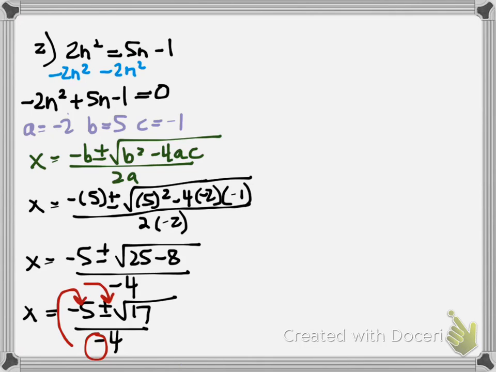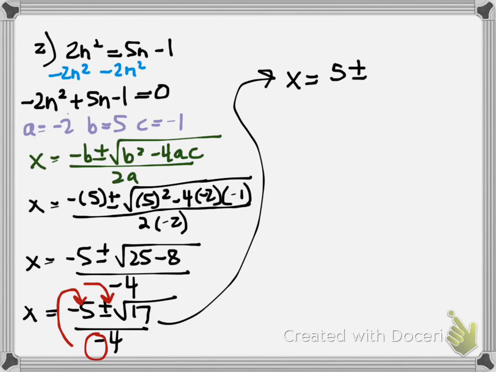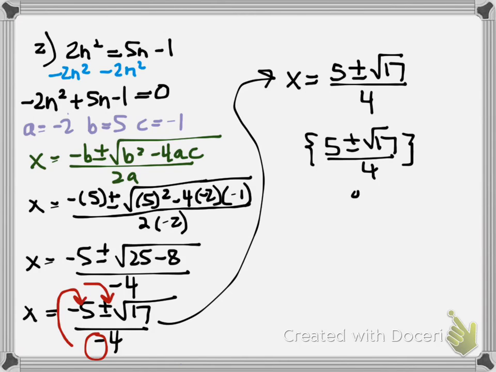So my final answer works out to be x equals positive 5 plus or minus the square root of 17 all over 4. And I would just put in parentheses the solution set notation, the 5 plus or minus square root of 17 over 4. I could do it that way or split them up: 5 plus square root of 17 over 4, 5 minus square root of 17 over 4. Okay?